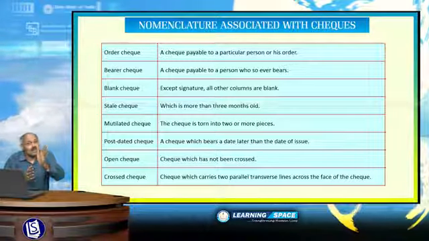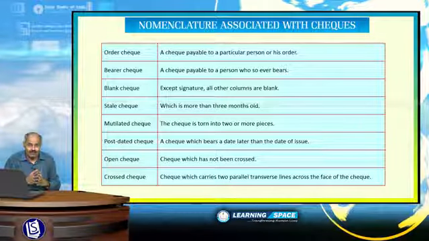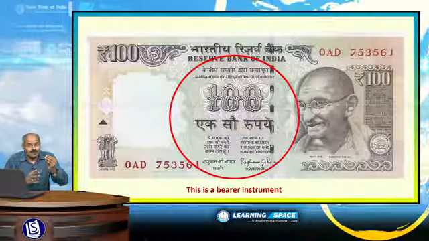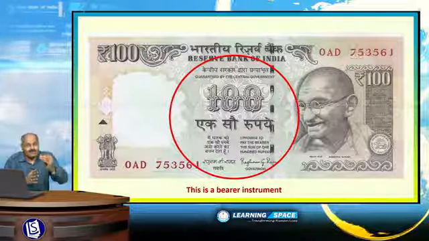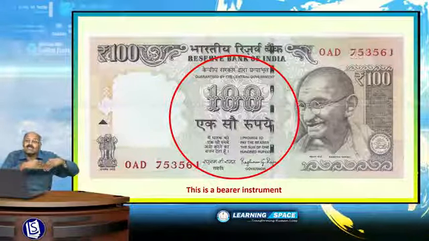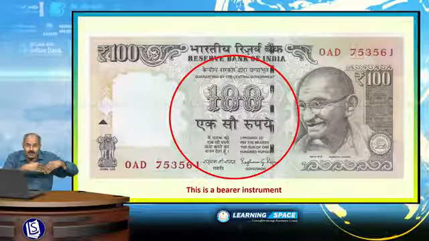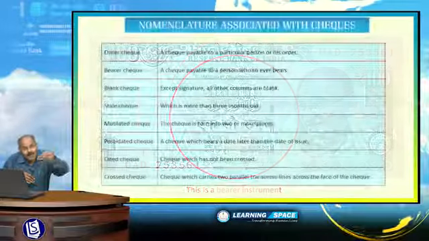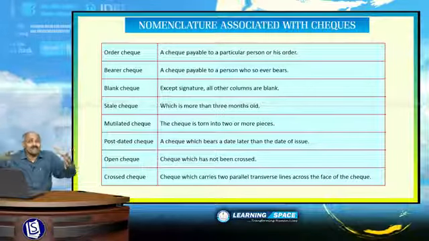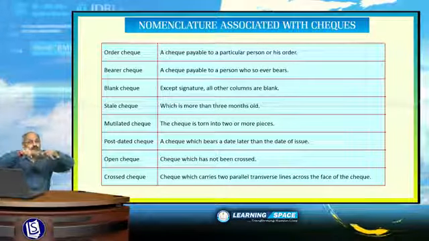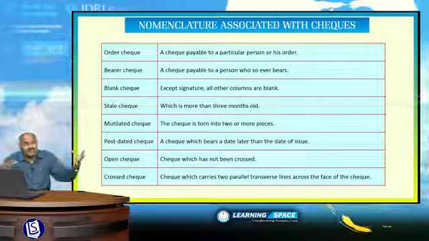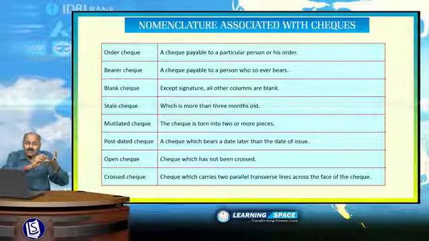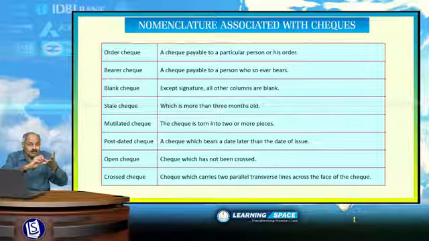A currency note is a bearer instrument, because the owner is the person whoever holds that currency note. Here the bearer check is the check payable to a person whosoever bears, that means whosoever presents the check is the bearer. An order check is written in somebody's name.